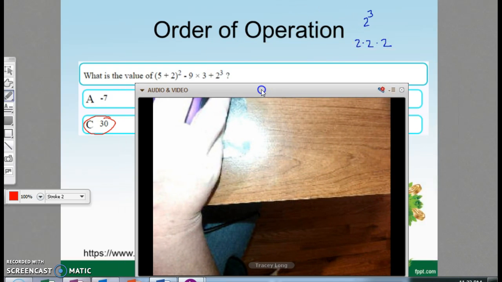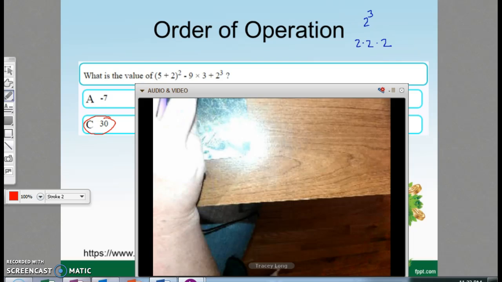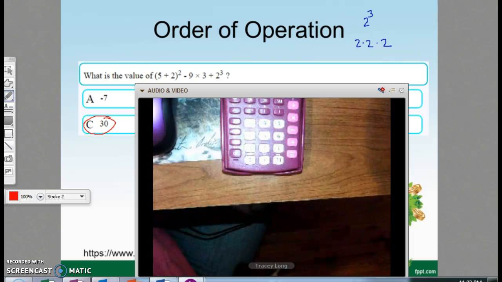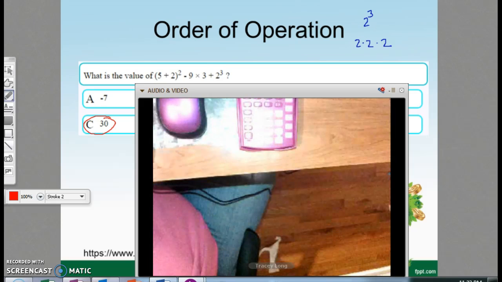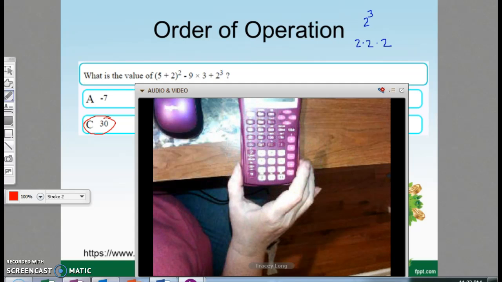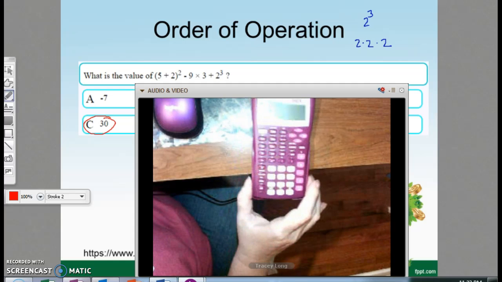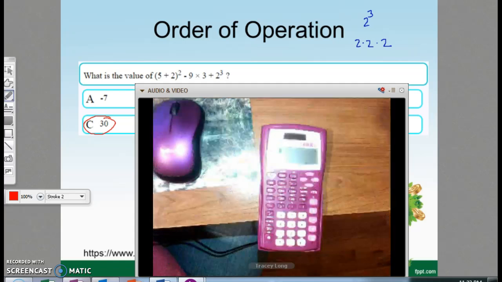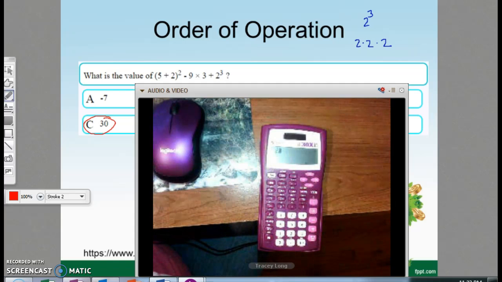Okay, so I'm going to put this expression into my calculator. All right, let me see if I can zoom out just a little bit. There we go. That's awfully bright, isn't it? There we go. I think it's tuning it down a little bit.